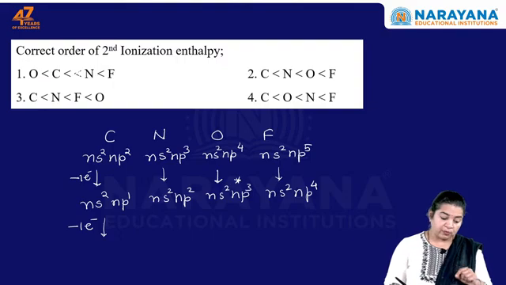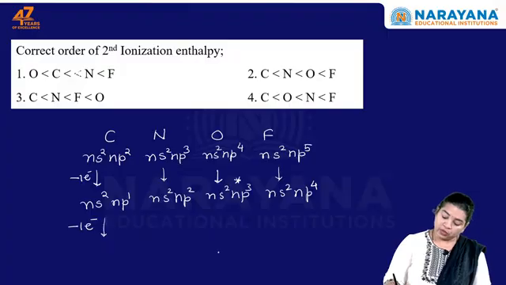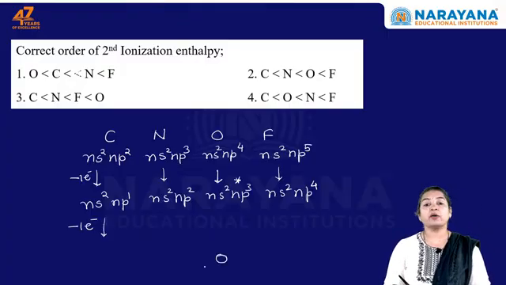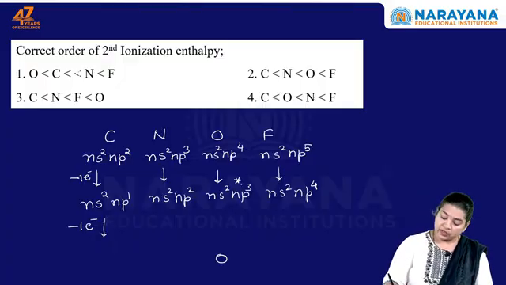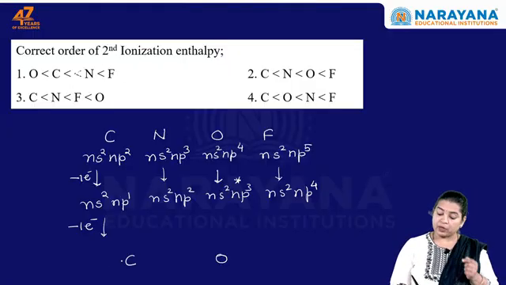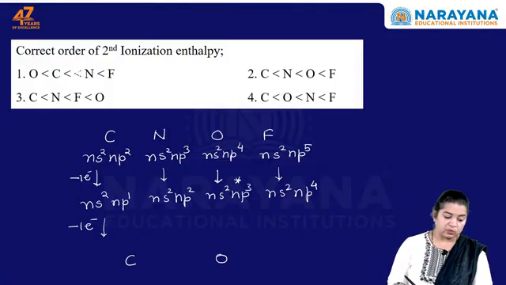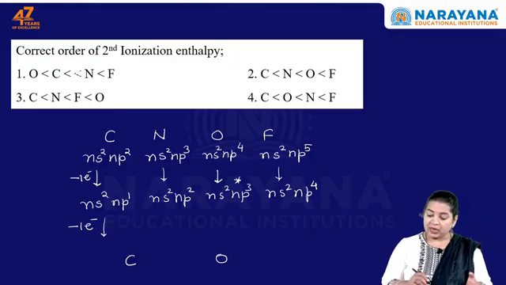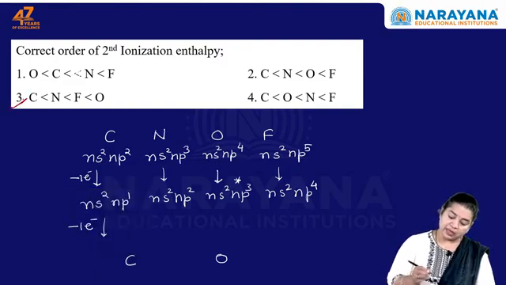It is quite evident that oxygen is going to have the highest ionization enthalpy because of its half filled configuration. And carbon will have the least. Why? Because it is in Np1 configuration, so it will release much more easily. By taking these two into consideration, I think we can see that 3 could be the answer.